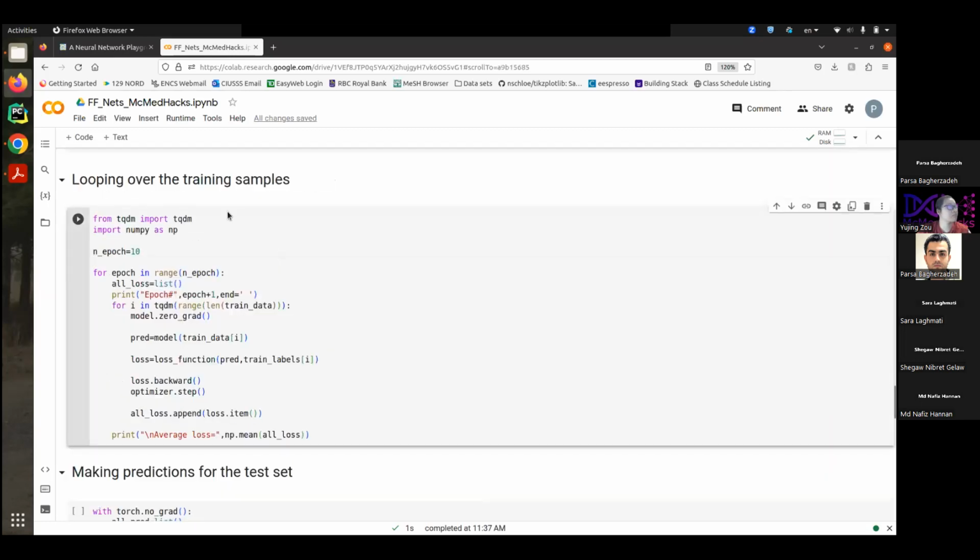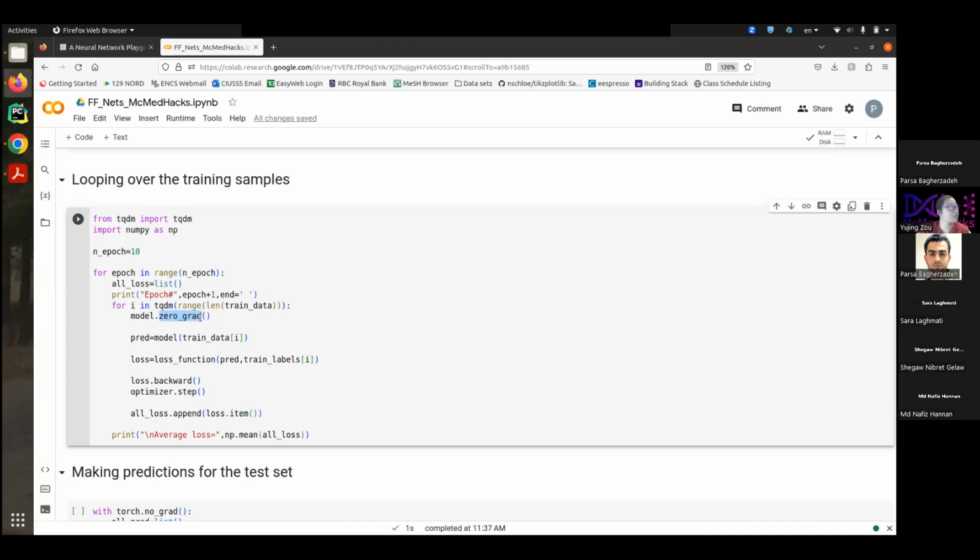Now let's loop over the training samples. As I mentioned before, we are going over the samples for several epochs. Here I have 10 epochs. I'm going over the samples one by one. First, I'm setting the gradients stored in my model to 0, because I want a fresh set of gradients for the current samples that I'm passing through the network.